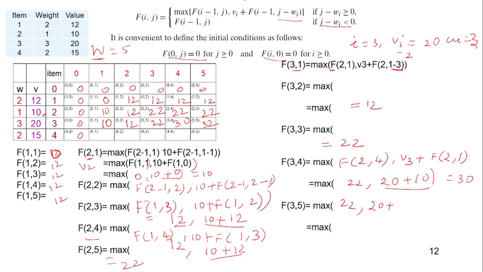So second column, 12, which is 20 plus 12, 32. So 32 is the answer.